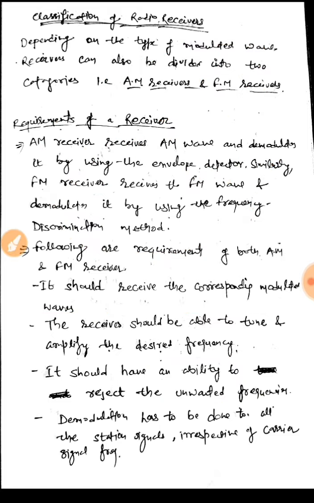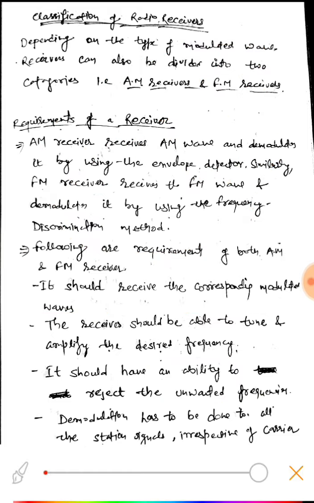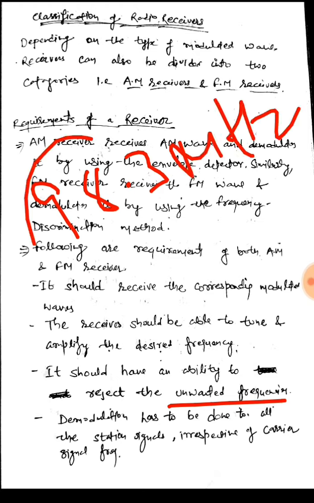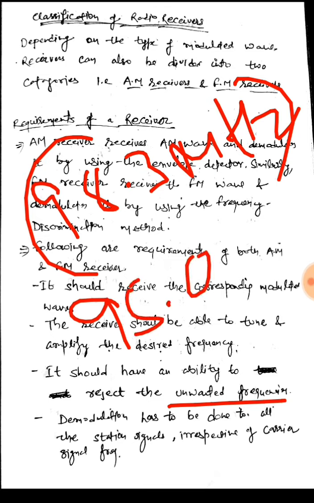It should have the ability to reject the unwanted frequencies. That means if I am tuning our circuit to 98.3 megahertz, then it should reject other frequencies outside this frequency range. It must not catch 95.0 or 98.8 and so on.